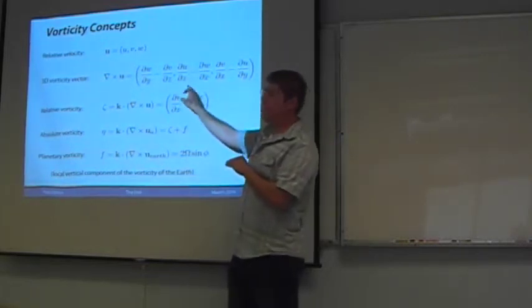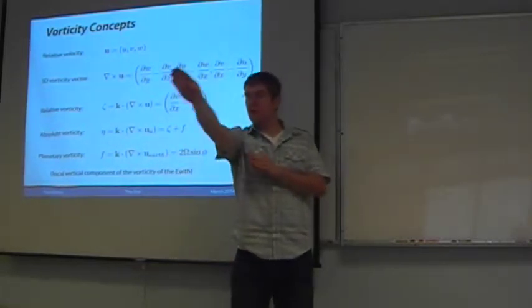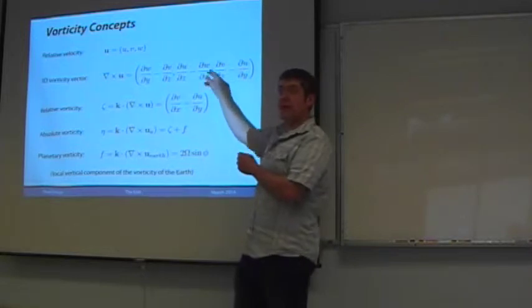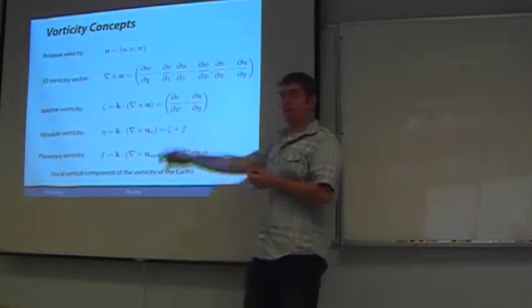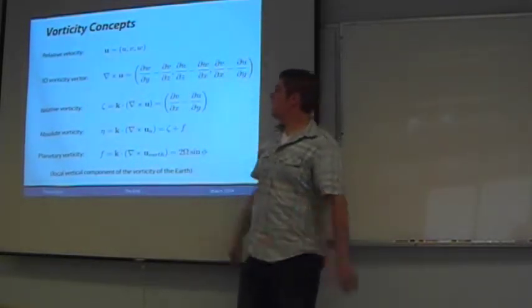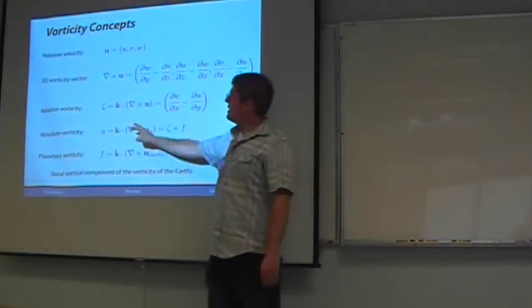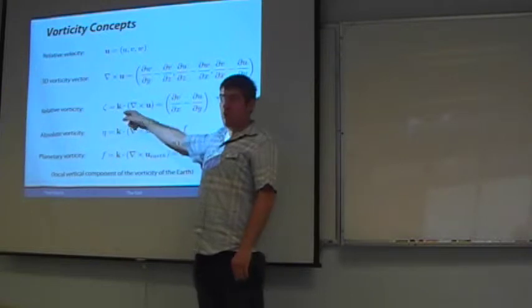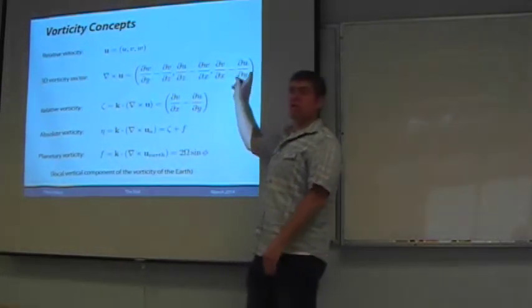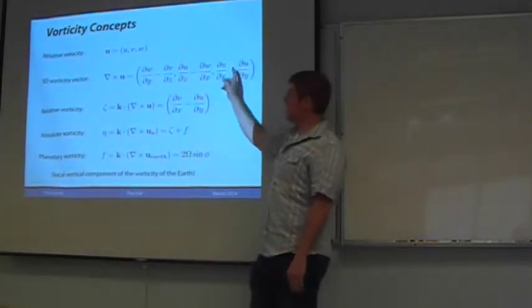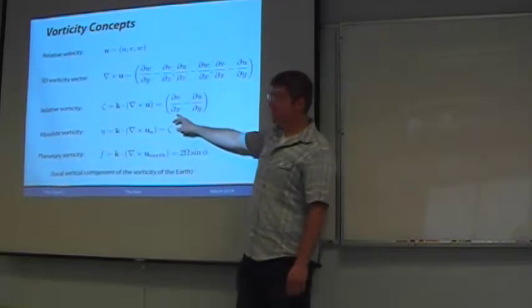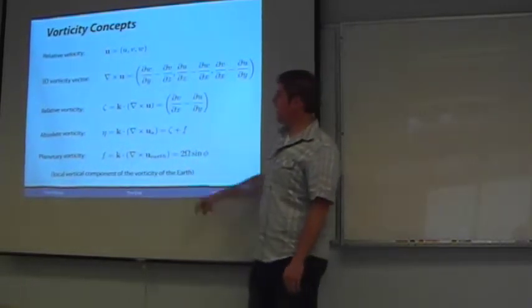This is rotation about a meridional vector, so rotation like this. And this is rotation about a vertical vector, so rotation like this. So the relative vorticity then is going to be the 3D vorticity vector dotted with the vertical component. That is simply isolating the vertical component of vorticity. And so that's given by dv/dx minus du/dy.